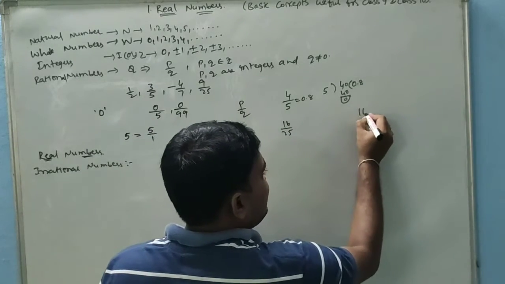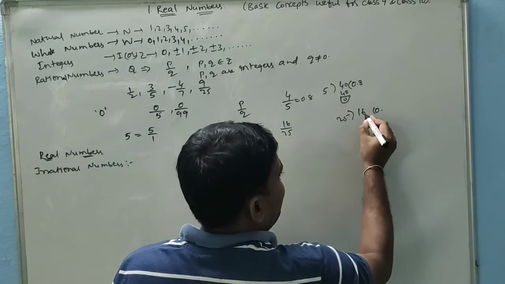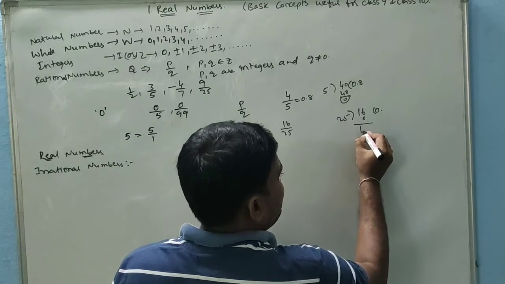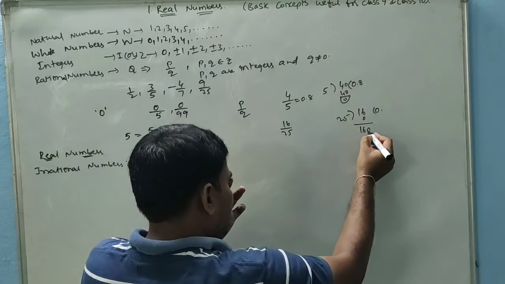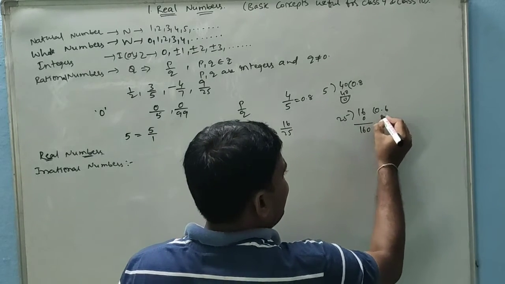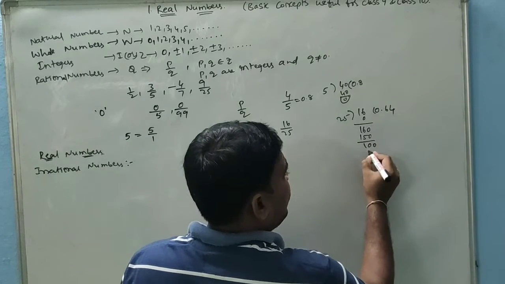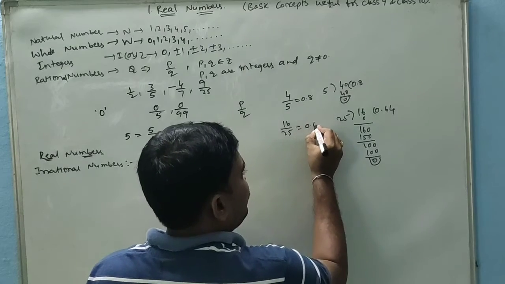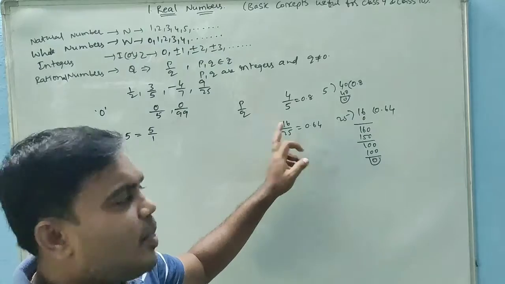Dividing, we get 0 point, 25 into 6, 150, then 25 into 4, 100. Remainder 0 came, so we stopped here. So this is equal to 0.64, which is also terminating.